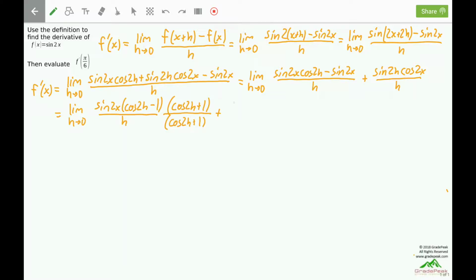The second fraction is also 0 over 0 because we have a sine of 2h over an h. I'm going to isolate the sine of 2h. I need to put it over a 2h to phase match it, and then I'll put a 2h in the numerator of the other fraction to compensate for it.